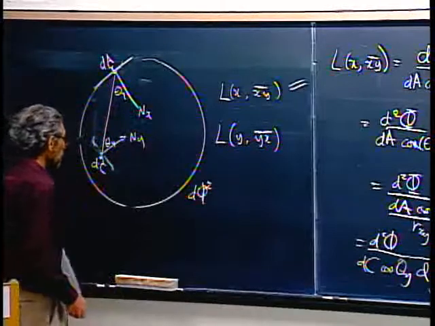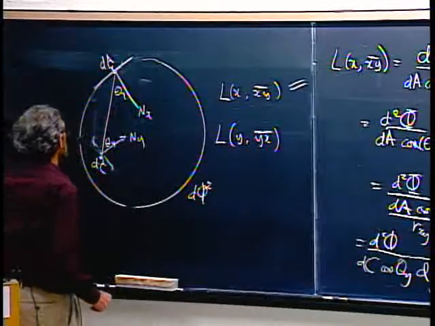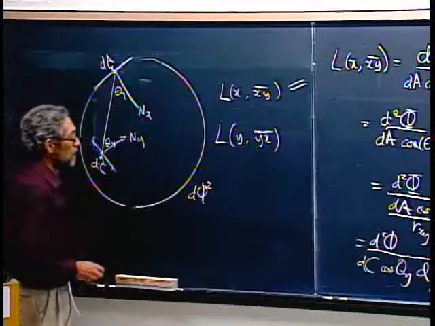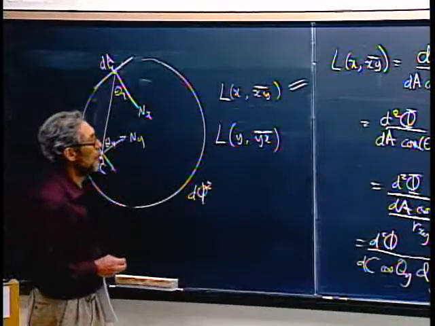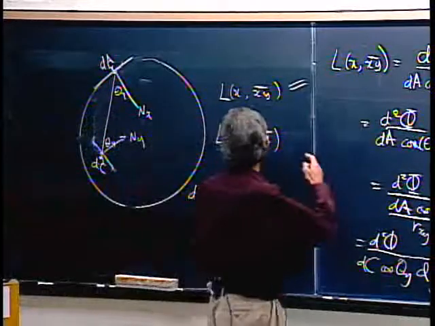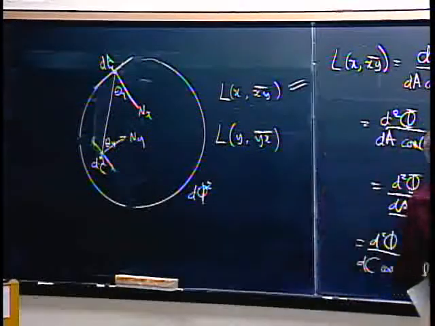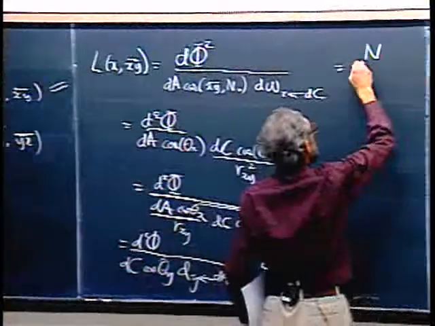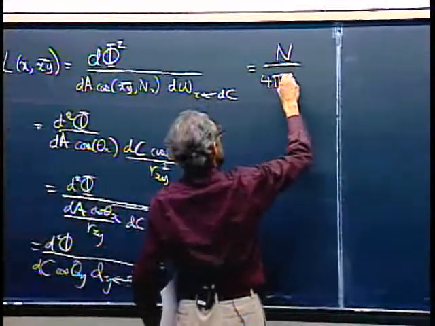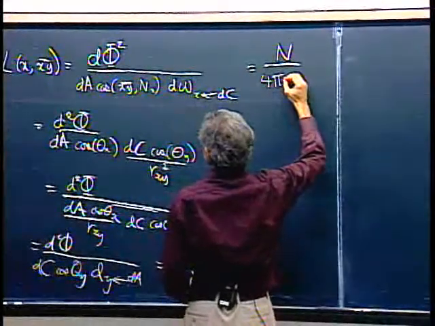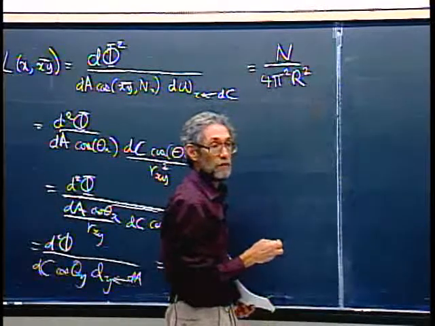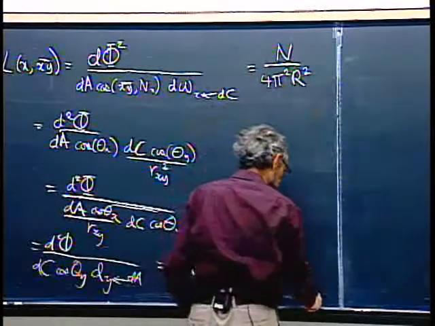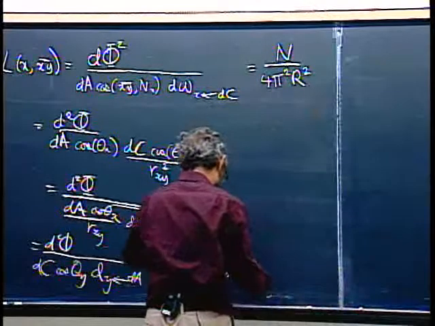Now I want to go farther and figure out what that is. We know this one is something I computed last time. It was n over 4 pi squared r squared. I think that's what I got. Does that look right, what I got at the end of last period? Because it's not in my notes here.